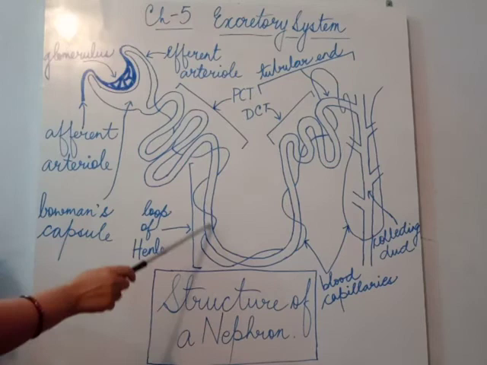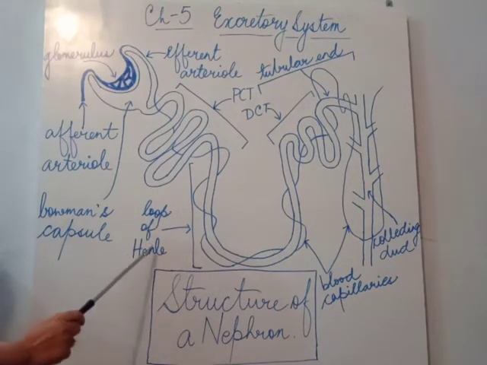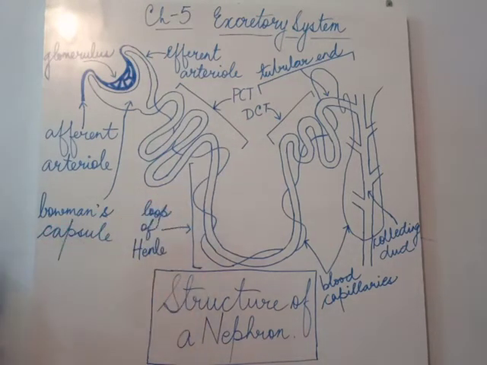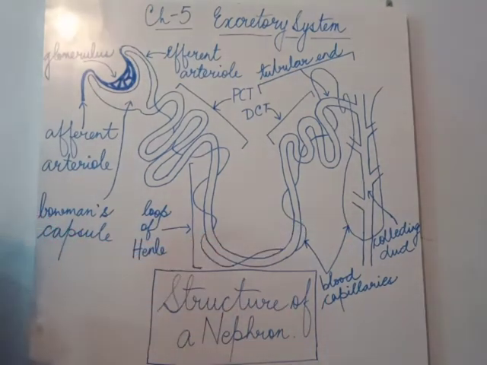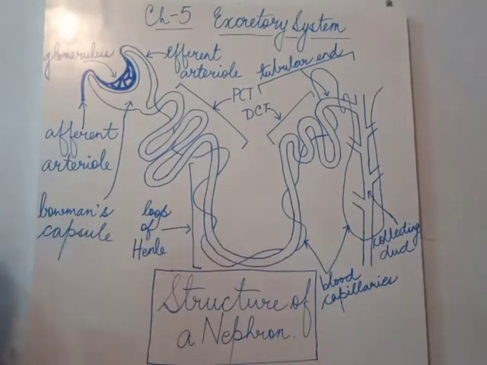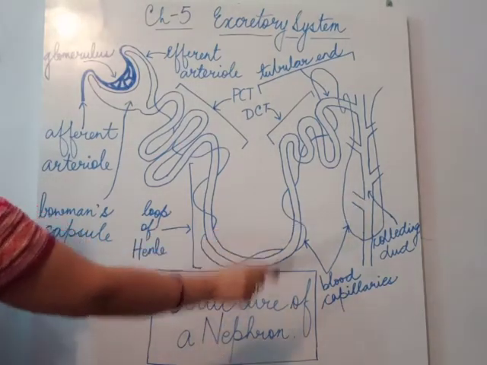This U-shaped structure is called the loop of Henle. All these three structures have three different functions. And last you can see the collecting duct. This is a highly branched structure, and many nephrons meet with this collecting duct.